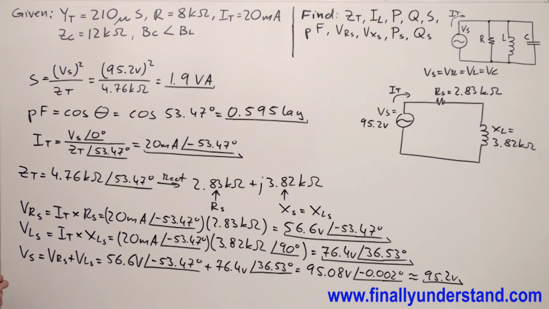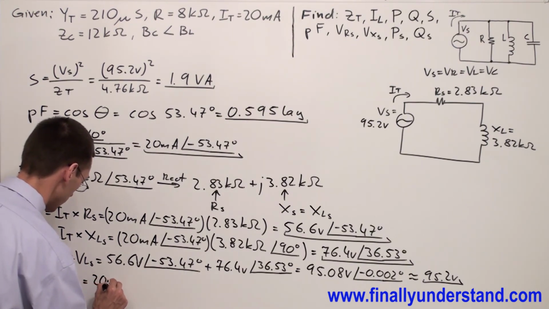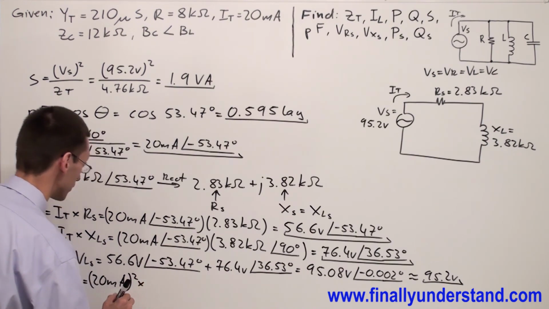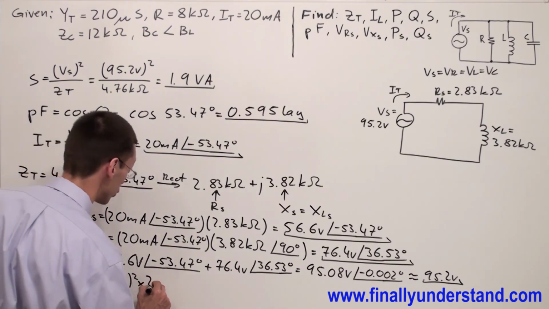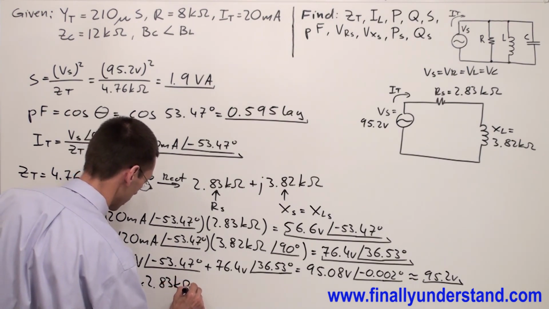In order to find the true power in the series equivalent circuit, I'm going to use the formula P equals I total squared times R_S, where I total is 20 milliamps raised to the second power times R_S, 2.83 kilo ohms.